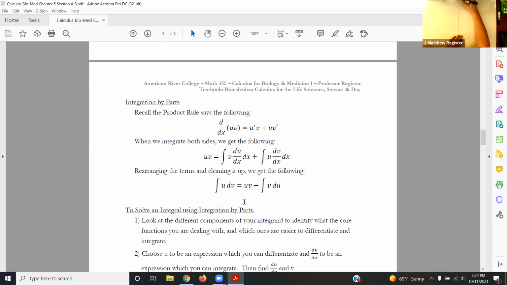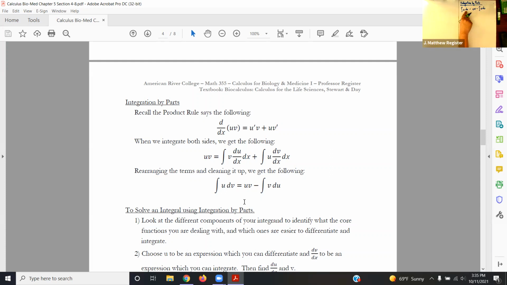But this formula is the integration by parts formula. And I'll write that down real quick. Integration by parts. It is that the integral of u dv is equal to u times v minus the integral of v du.